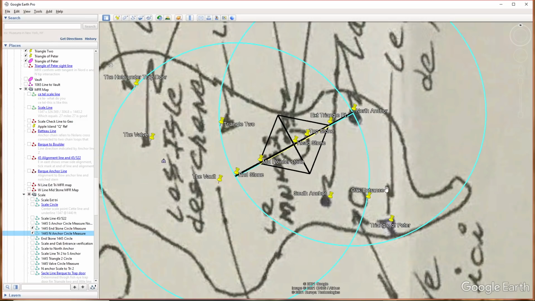Now you can see that we have a relationship between the north anchor, or the end stone circle. It, of course, goes through the north anchor because it's the length of the radius. But we also have the hole under the trap door, and we have one through the oak entrance. But these are just one references, one line, except for the north anchor and the end stone. We have a reference of Nolan's cross itself, which establishes 2 points or 2 references to those. So they're set.